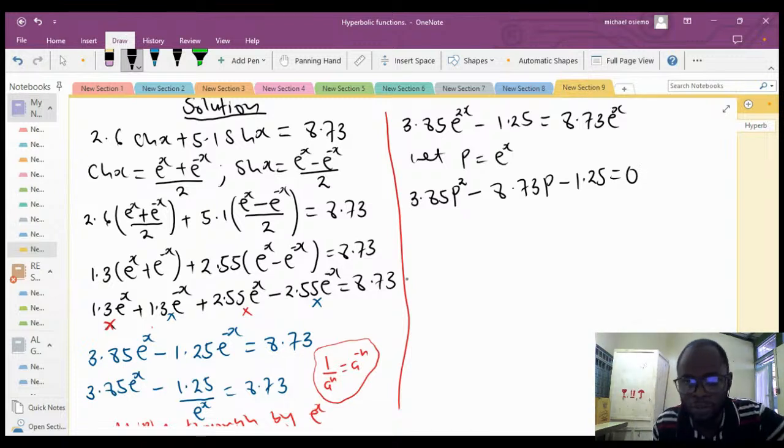So we have already formed a quadratic equation, and you can solve this quadratic equation using the quadratic formula.